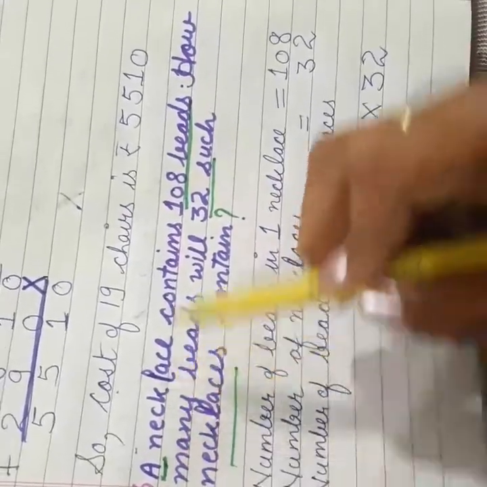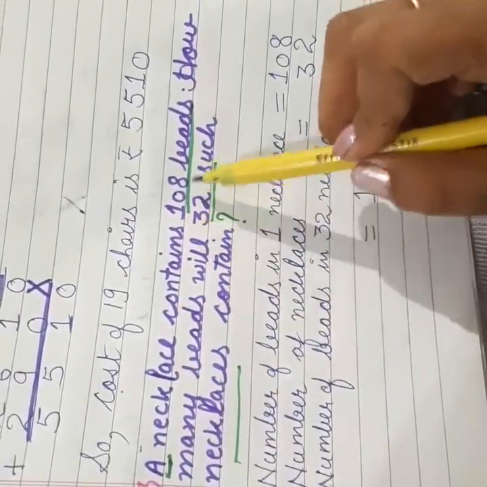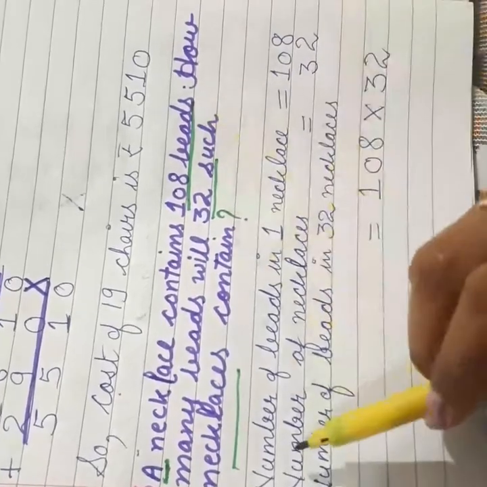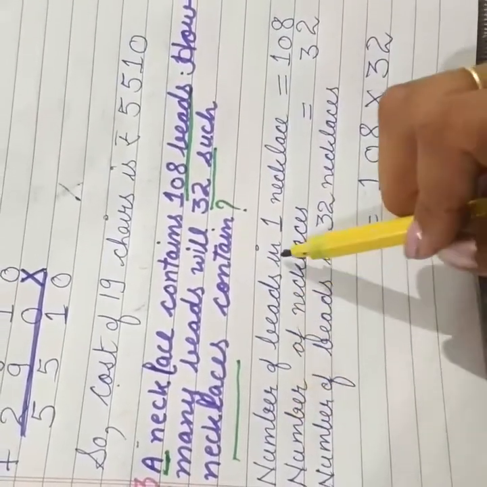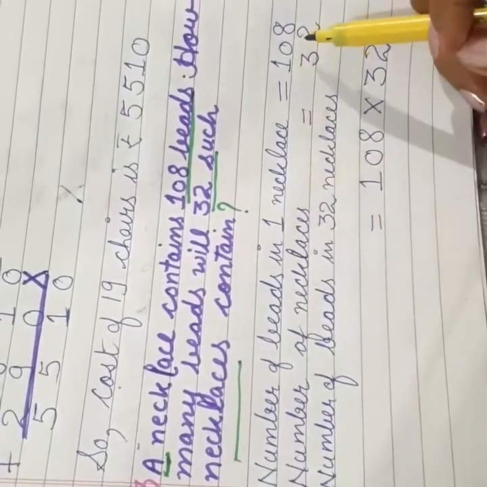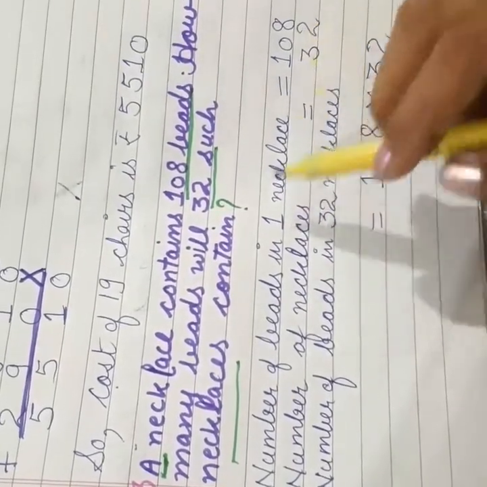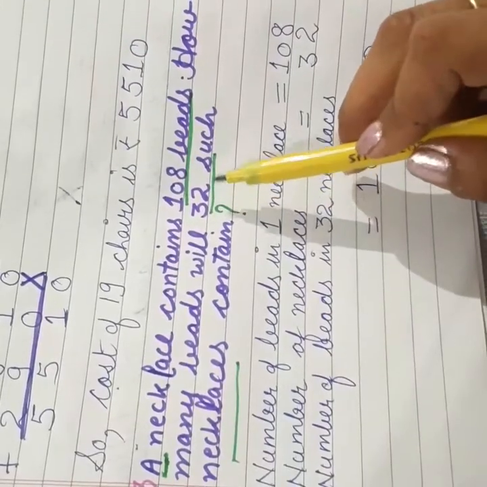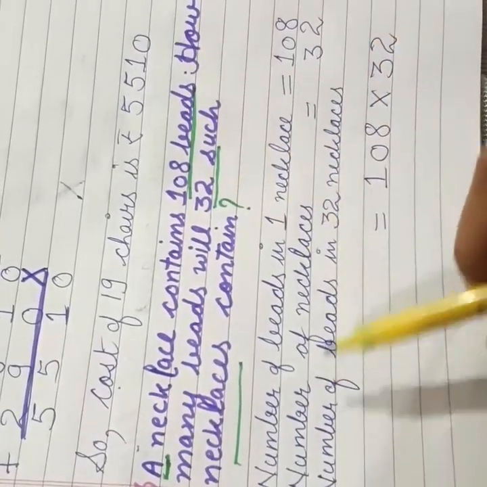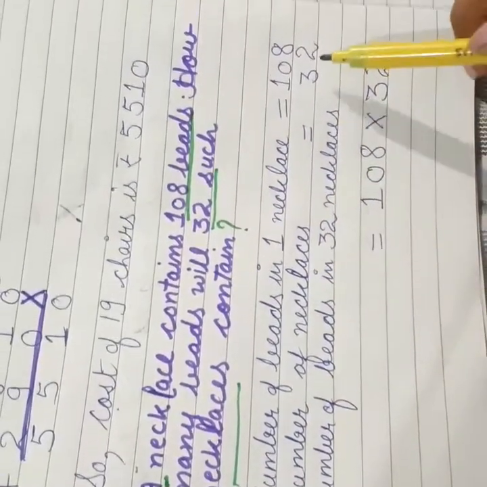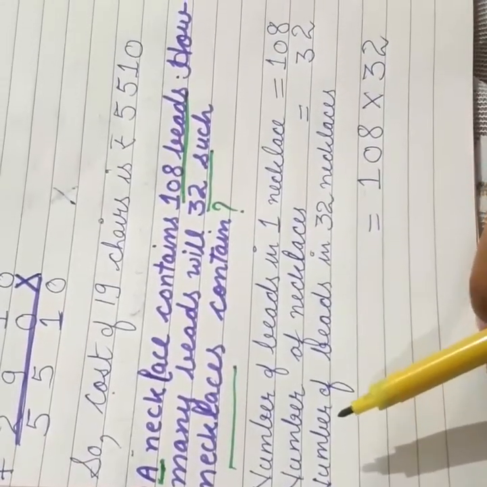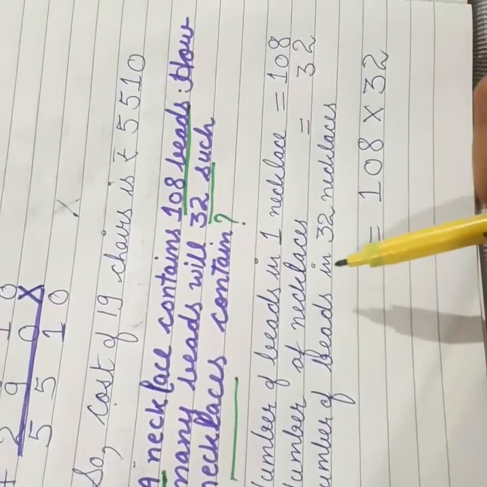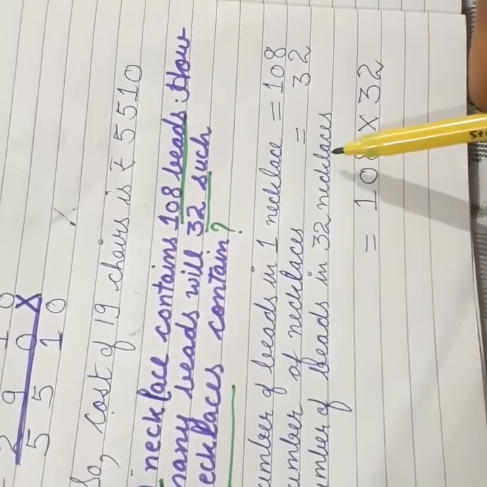In one necklace we have 108 beads. So we will write the first statement about one necklace: number of beads in one necklace is 108. We have to find how many beads will be in 32 such necklaces. So the number of necklaces is 32. In the third statement we have to find the number of beads in 32 such necklaces.